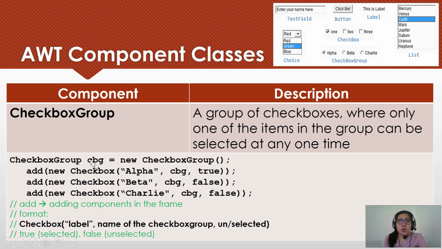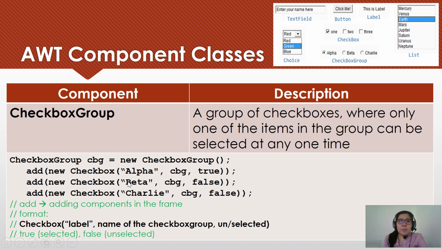So that is our reference to the checkbox group, comma, true or false, or selected or unselected. If selected, that is true. If unselected, that is false. So in this example, alpha is selected, so that is why our code here is true.